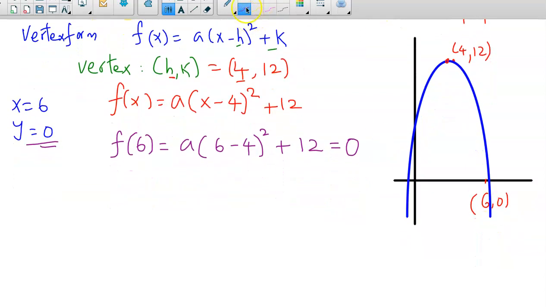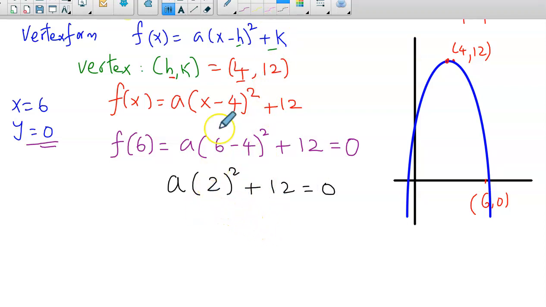Next, I'll simplify this. This f(6) equals 0 you already have here. So I'll just take off this part and start from a times (6 - 4), which is 2, so a times 2 squared plus 12 is equal to 0. In the next step, I have to find the value of a.